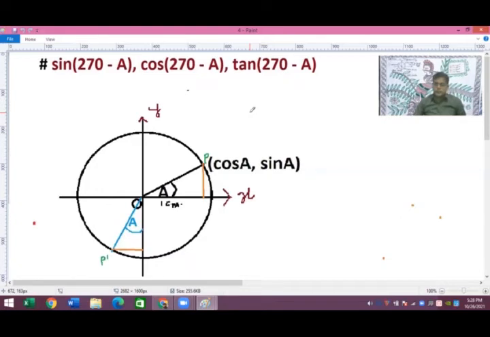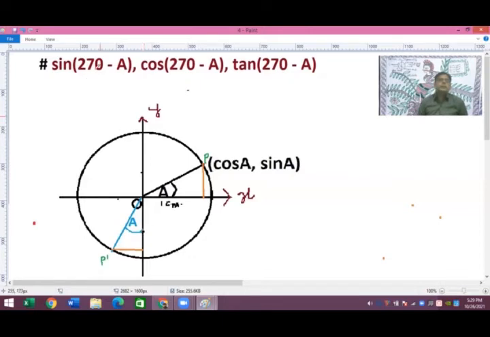So we are talking in terms of 90 degrees, 180 degrees. Those are actually the standard values in trigonometry, and similarly 270 degrees, and later we'll talk about 360 degrees. Those are also the standard values in trigonometry, and the rest of the values within 360 degrees or beyond 360 degrees we can deal with accordingly. So here now we are talking of sine 270 degrees minus A, and the same for cos and tan as well. 270 degrees means up to here this is 90 degrees, and up to here it is 180 degrees, and plus 90 if you add to 180 degrees, that means we have completed the third quadrant.